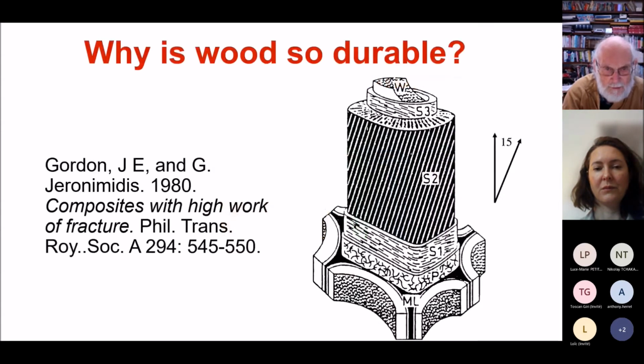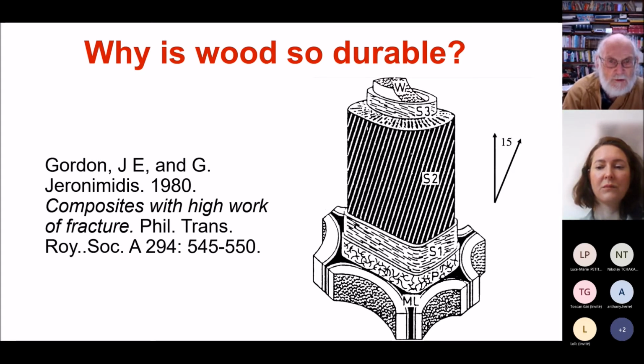This is the foundation of what was probably the first biomimetic material ever. And it was done by a guy called Jim Gordon and a colleague with whom I worked for quite a long time, Giorgio Ieronimidis. And George was given the remit, what happens in wood, what makes it so tough.